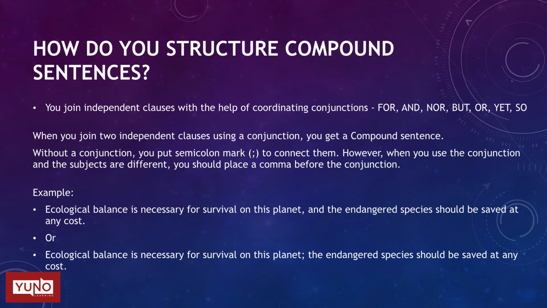Let's look at an example. Ecological balance is necessary for survival on this planet, and the endangered species should be saved at any cost. Do you notice a comma has come? I'm sure some of you learned at school, never place a comma before and. Like I cannot say red, blue, and orange with a comma before and. That's going to be wrong.